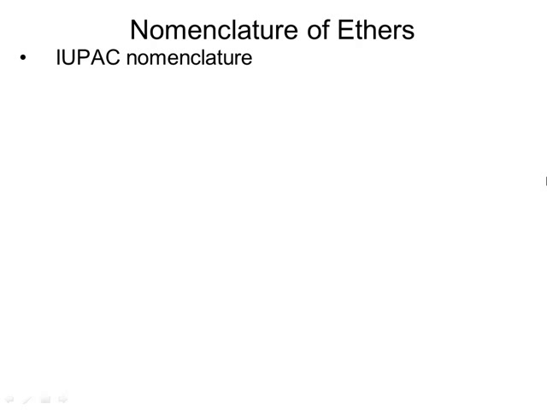So imagine I've got oxygen. Actually, let's just do a simple one, like diethyl ether. Now we're going to try to find the longest chain of carbons.